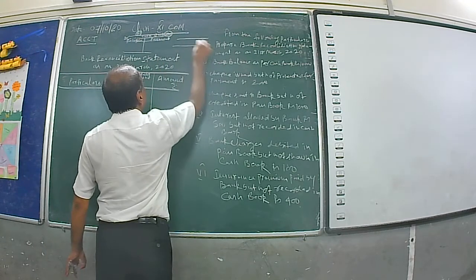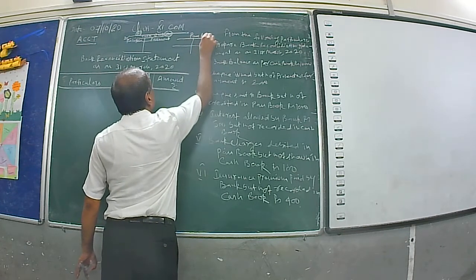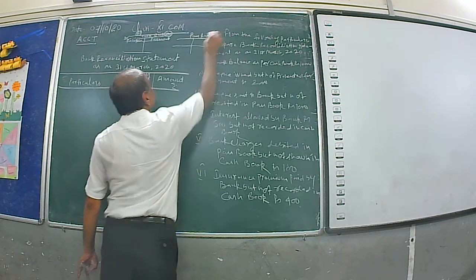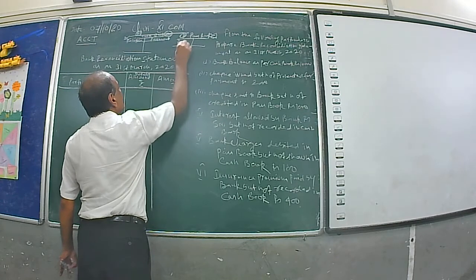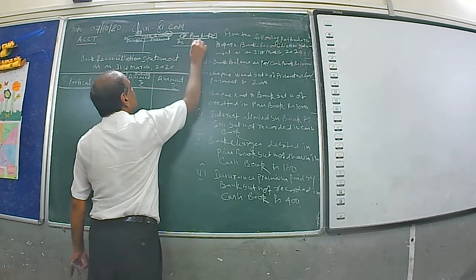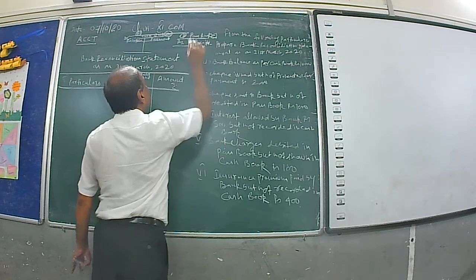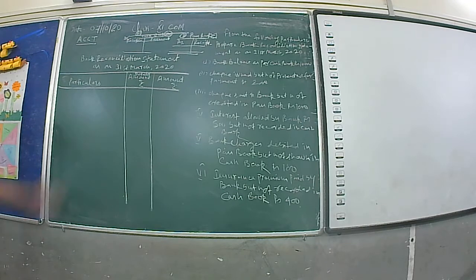Now see the passbook. Credit plus, debit minus, because payments are shown in debit side and receipts are shown in credit side. This is the format. On the basis of this cash book and passbook, I will solve this problem.